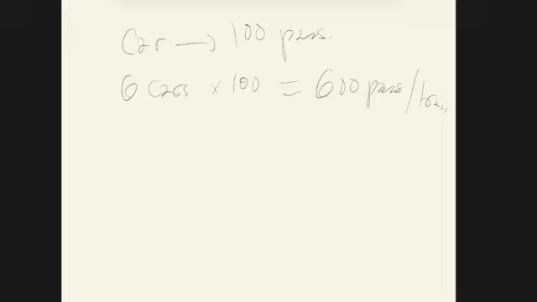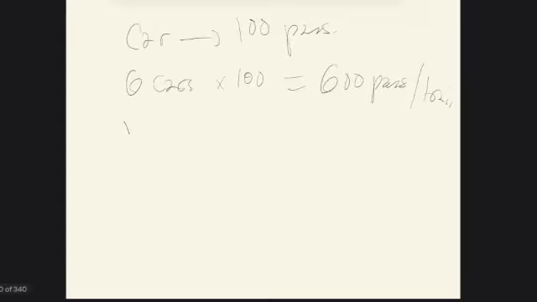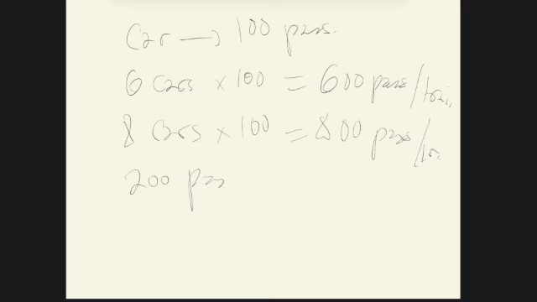Now let's make the train longer. 8 cars multiplied by 100 gives us 800 passengers per train. So that additional 200 passengers is roughly an increase of 33% more capacity from 6 cars to 8 cars.